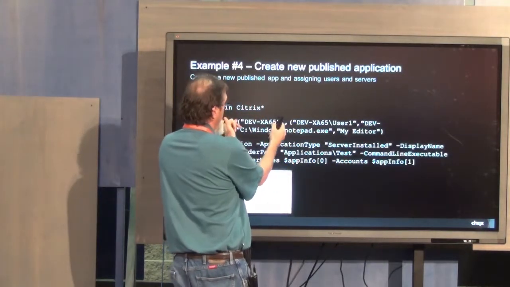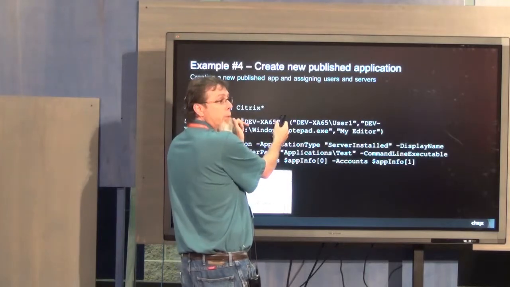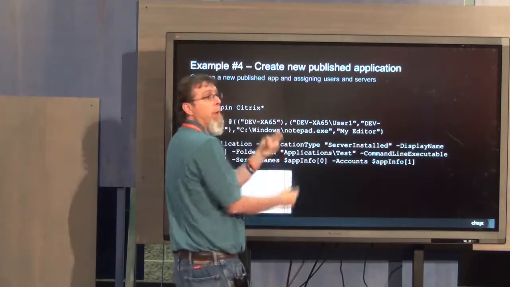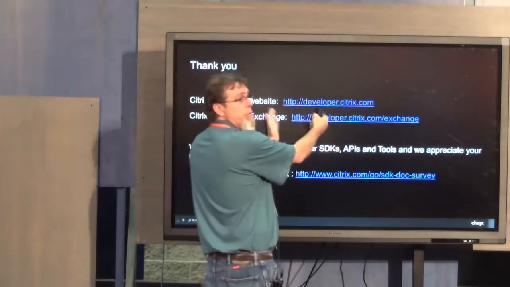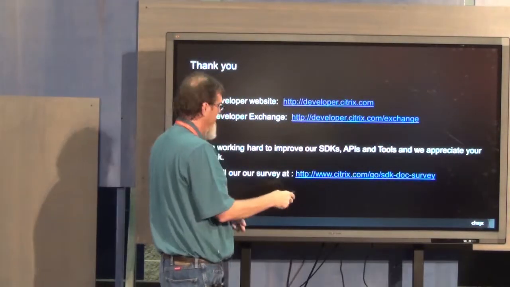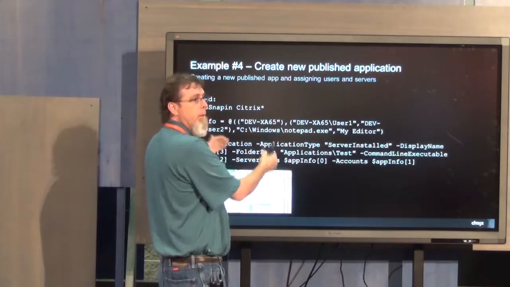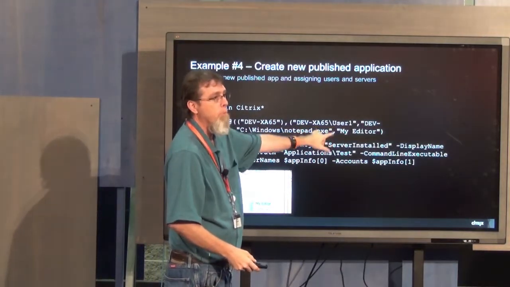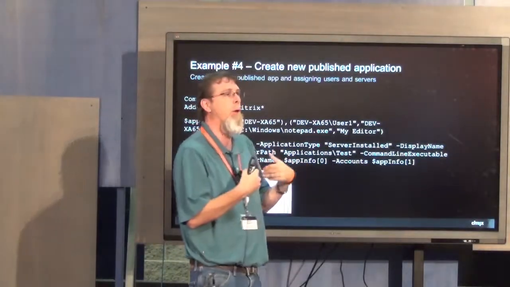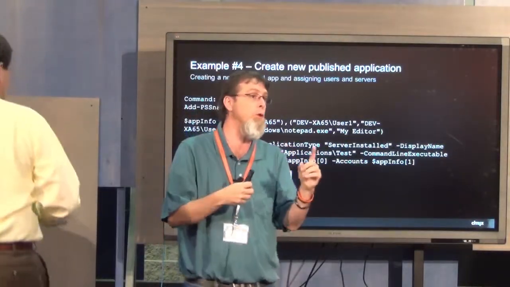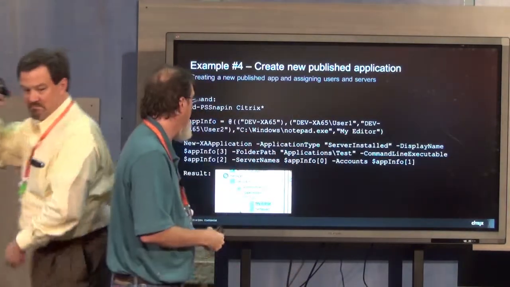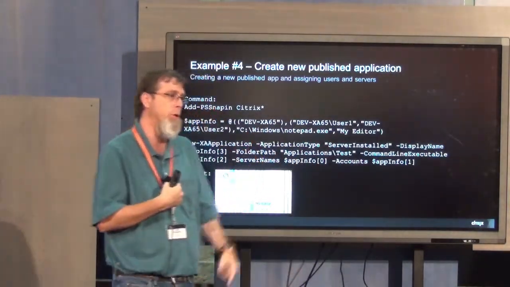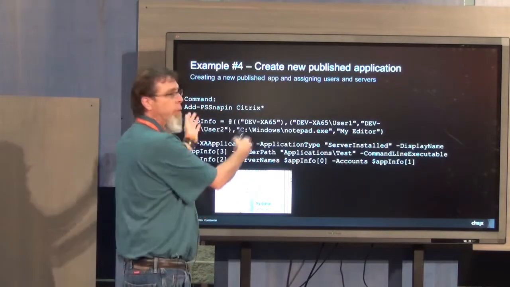So you could have multiple servers if you wanted to publish an application to multiple servers. So if you had 3 servers, this could be server 1, comma, server 2, comma, server 3. It is just because I was only publishing one server in this example. It has the ability to add multiple servers in there, right? But yeah, it's the way to do arrays.